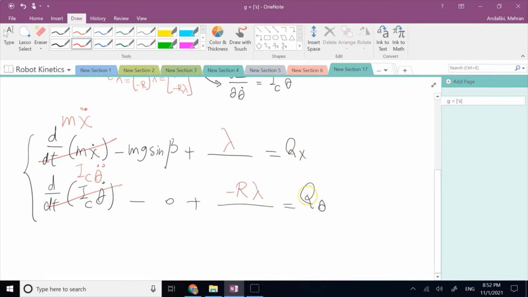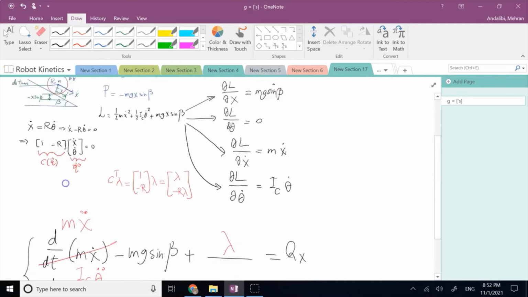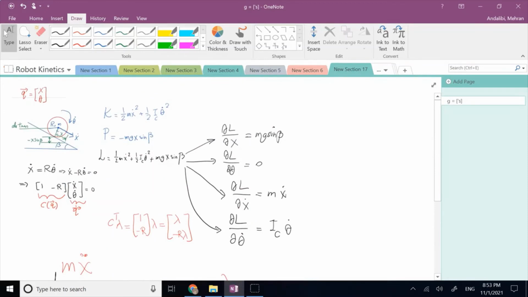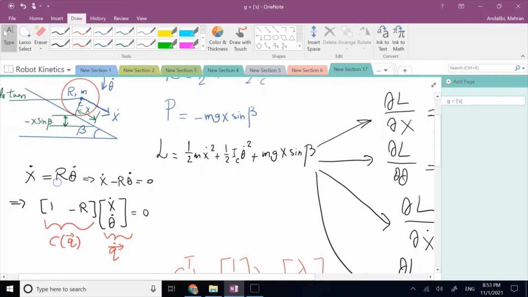And what is qx, what is q theta? Again, I have to use the variational approach. So the total work done on the system, the variation of that, is going to be what? Well, if you look at the free body diagram of this object, the only forces acting on it are N, mg, and the static friction, and that's it.